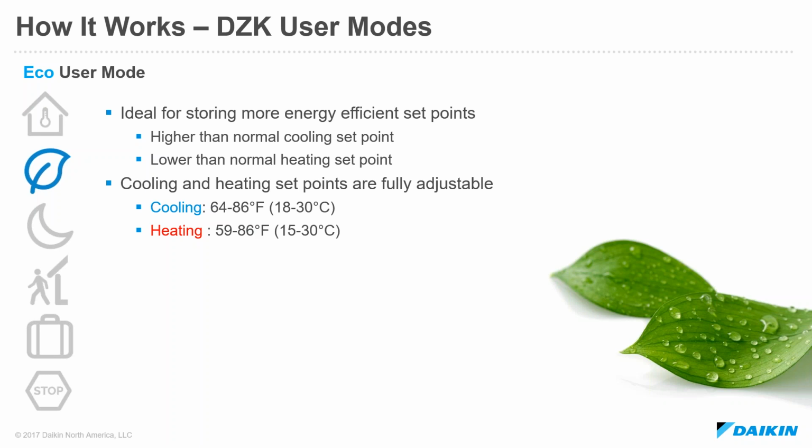There are also some changes in logic that will try to optimize the performance of the VRV system as much as possible by limiting set point demand and limiting what would ultimately result in higher compressor speeds, by trying to sort of massage the system into delivering these energy efficient cooling and heating set points. So just keep in mind the eco mode is there to maximize the operational efficiency of the system, both from a set point standpoint, as well as how the DZK is manipulating the VRV indoor units' operation.